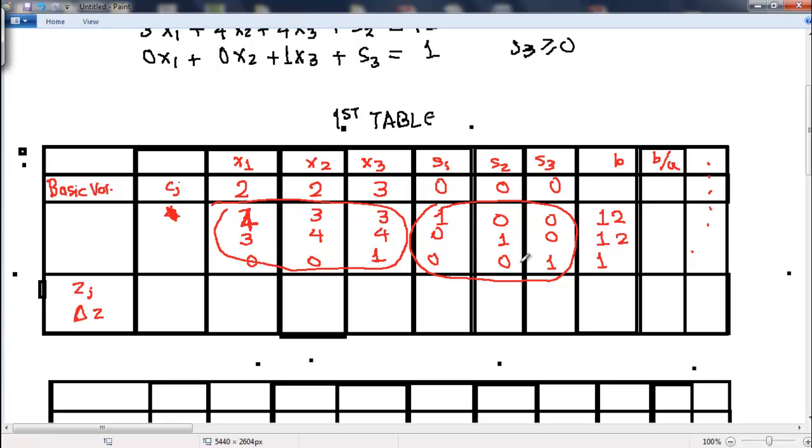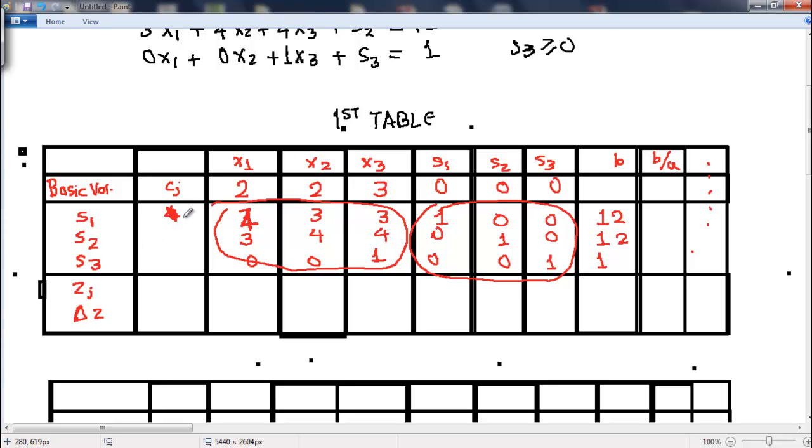I need to have here an identity matrix, and I see that this unit corresponds to S1, so I'm writing here S1. This unit corresponds to S2, I'm writing here S2, and this to S3. So my basic variables, the first variables that are going into this algorithm, are S1, S2, and S3.